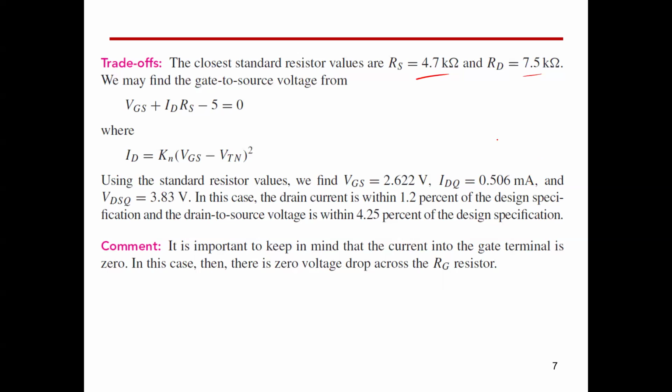So if we assume now using these values of resistors, substitute in the relations, you will find that, for instance, VGS plus IDRS minus 5 equals 0. So this is from the circuit.